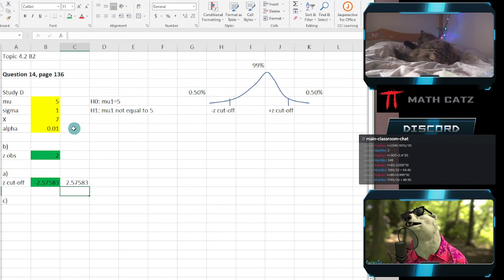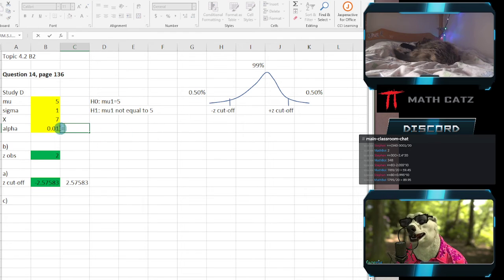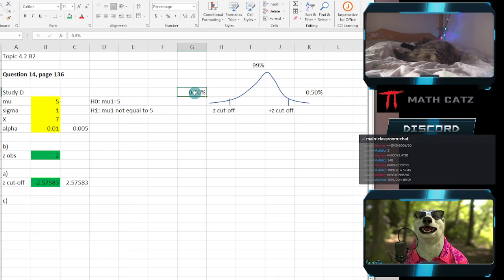Now you could have also, next to this alpha, done a cumulative decimal version of the percentage and said, well, it's two-tailed, so I'm going to divide that by 2, and that is the same as the percentage we have here, but the decimal version.